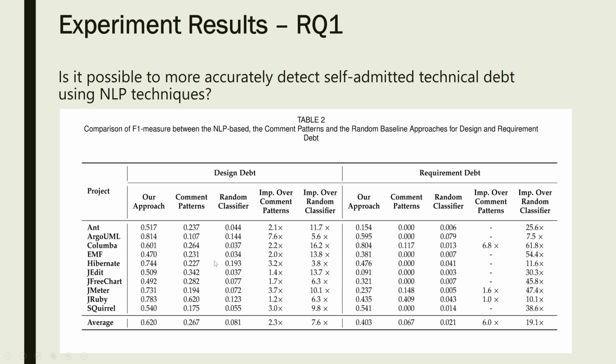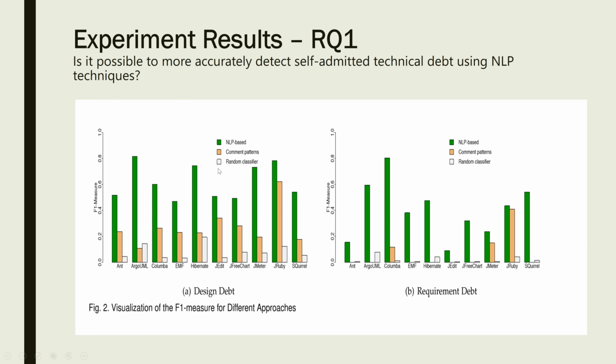As you can see from the table, their approach outperformed the comment pattern by 2.3 times for design debt, and outperformed the comment pattern by six times for requirement debt.